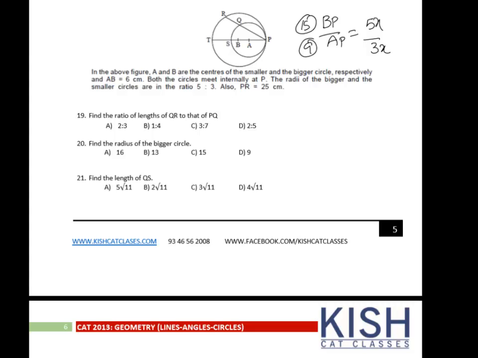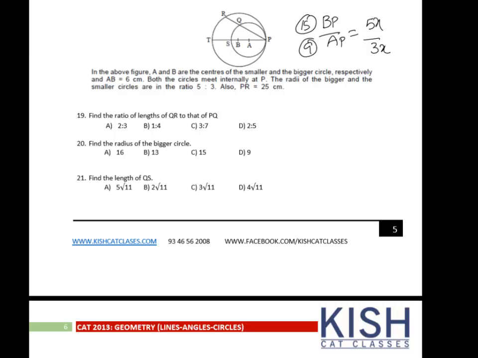How to find QR? How to find QR? Observe.